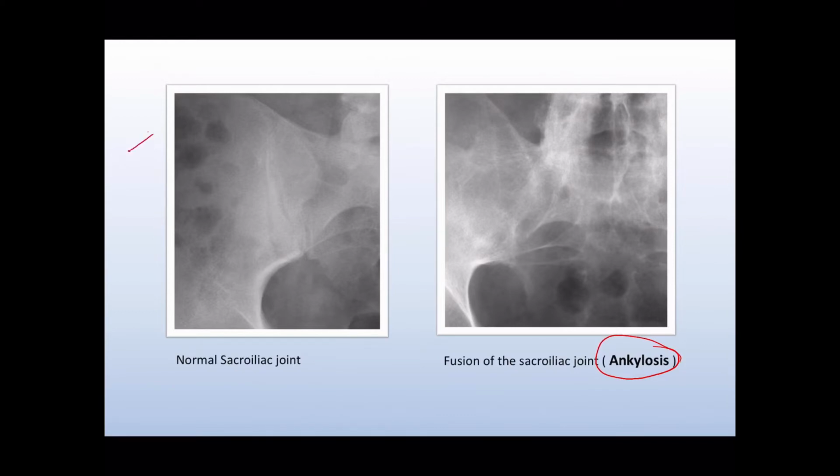This is the normal x-ray and this is the x-ray from ankylosing spondylitis. Here you can easily see the joint margin, but here there is no joint margin. The joint has become fused. You can't say that there was a joint in here.